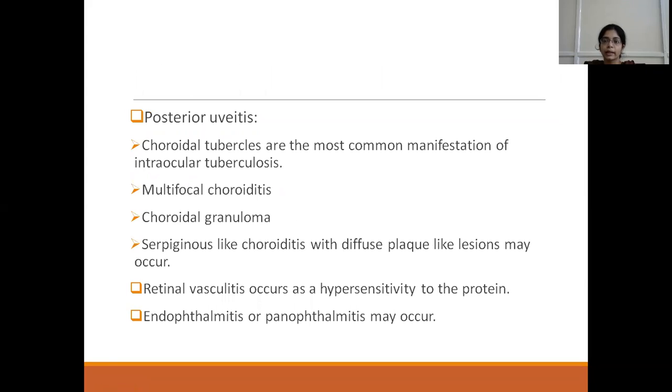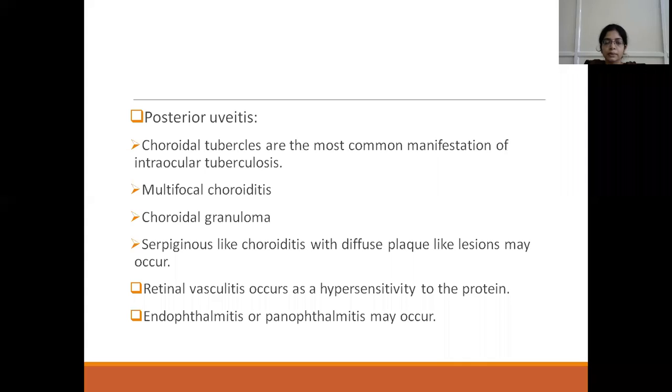Just like in your lung, just like how you have read miliary tuberculosis, there can be multiple foci of tubercles presenting in the choroid. So there can be multiple choroidal tubercles, which are nothing but miliary choroidal tubercles. These typically occur in cases of tuberculous meningitis.